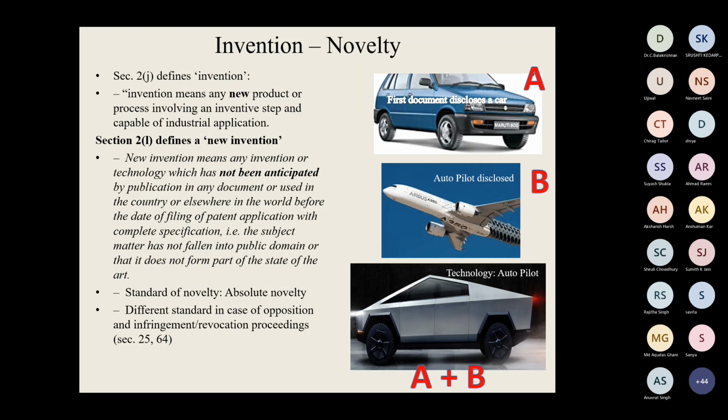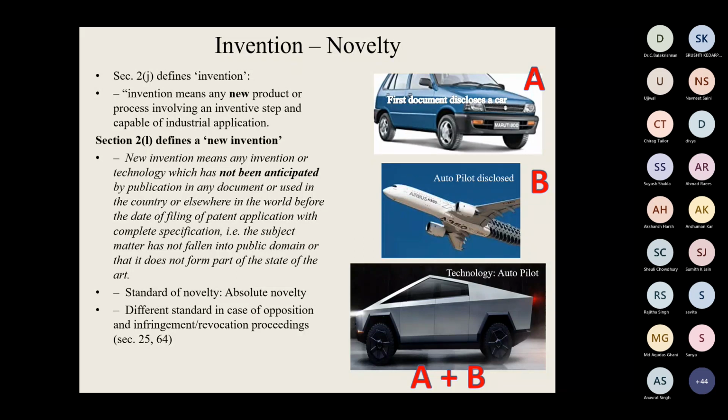He needs to explain why it is not novel. For that, he needs to file an opposition and start opposition proceedings. And there are two kinds of opposition proceedings. One we can initiate before the patent has been granted. The other can be initiated after the patent has been granted.